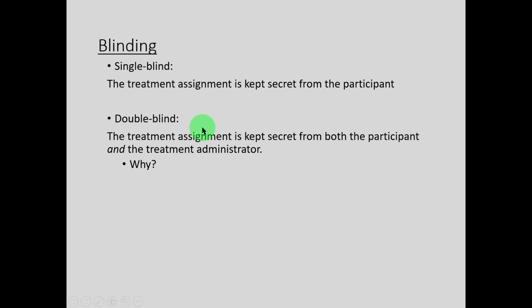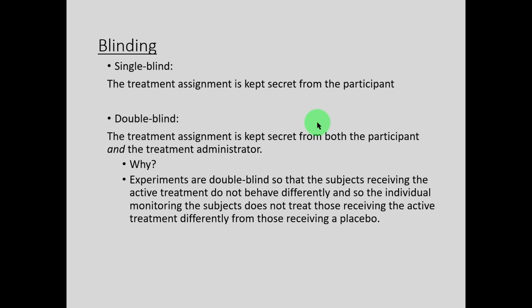Why would this procedure be implemented in an experiment? Well, the power of suggestion can be quite strong, where we want to minimize the chance that an individual perhaps behaves differently if they know what treatment they're receiving.